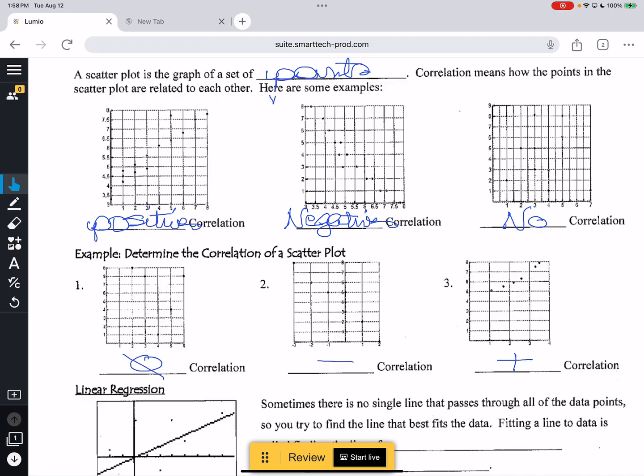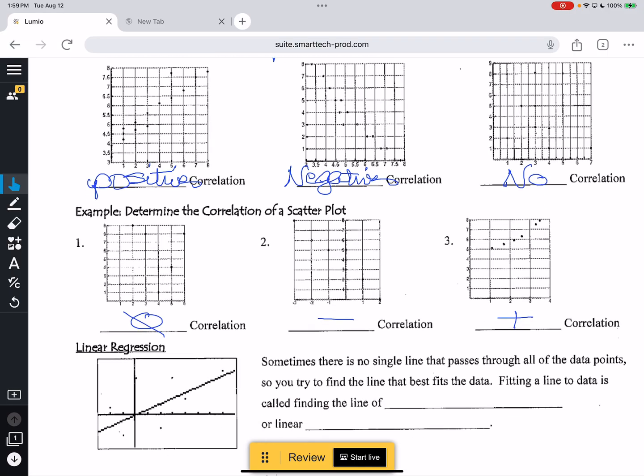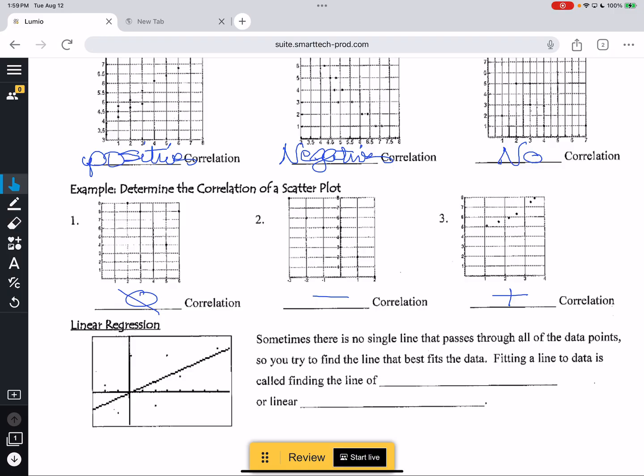Okay. So we have something more. Sometimes there is no single line that passes through all the points. The data are all over the place. So you try to find a line that best fits the data that we could, because we still have to have an equation here.